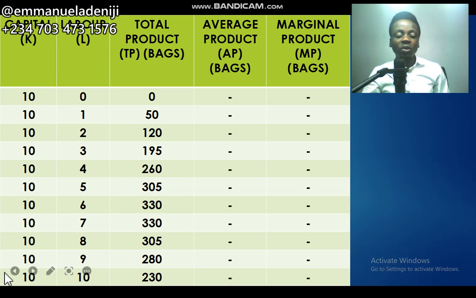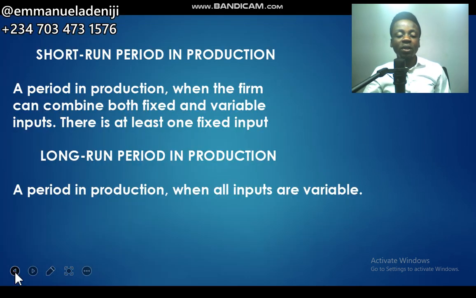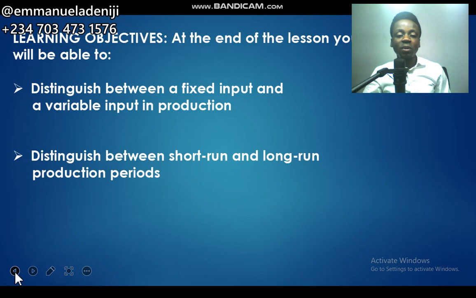Thank you very much for being in class today. Let me do a quick recap. We said we are going to be able to distinguish between a fixed input and variable input, and also distinguish between short run and long run periods. A fixed input is an input whose quantity cannot be altered or varied or changed in the short run as the firm seeks to expand its output.